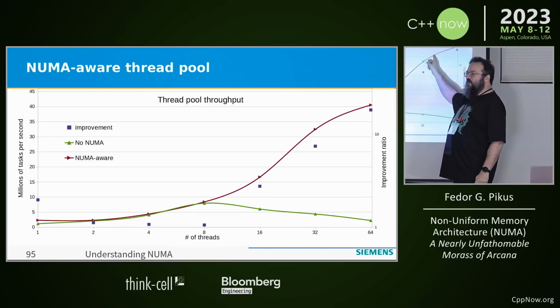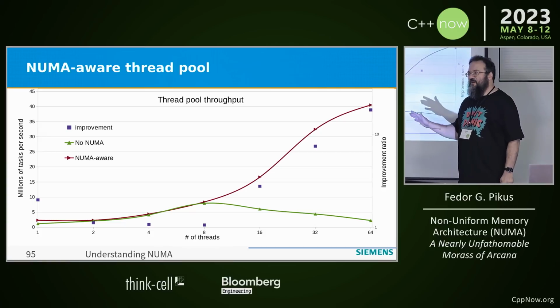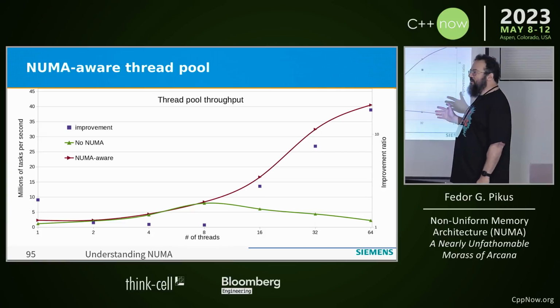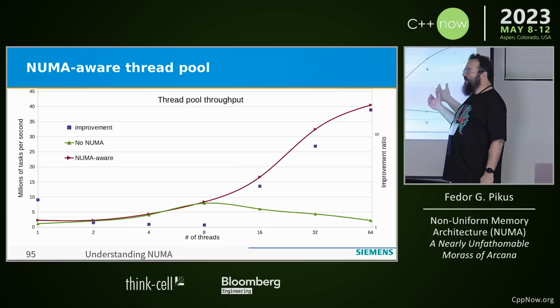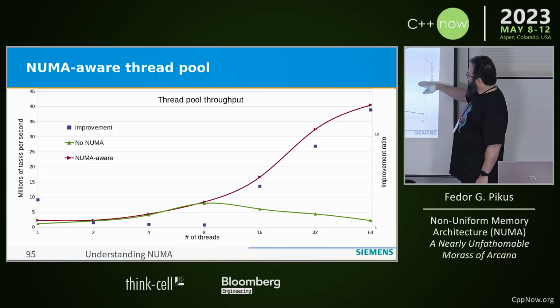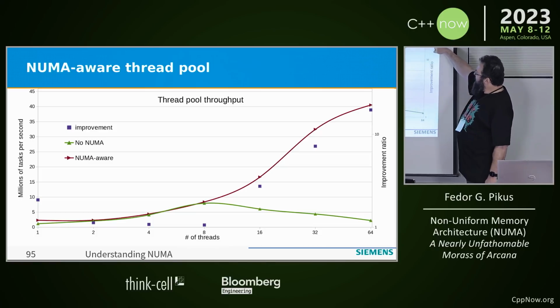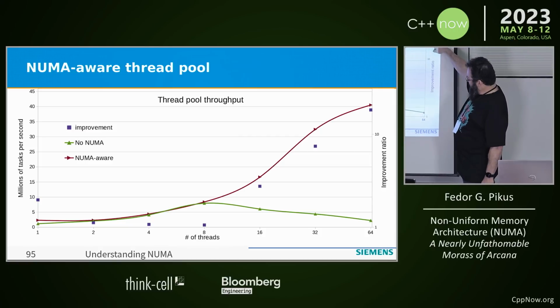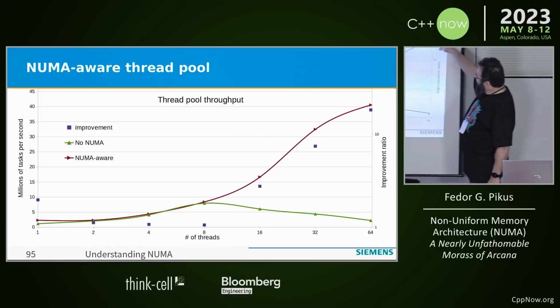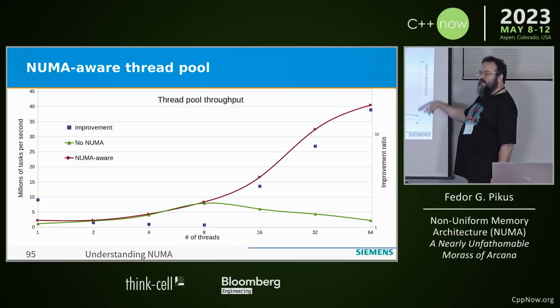Each one has its own count and its own memory, and the main thread watches all the counts and exits when it's done. The scale on the right is the improvement ratio, the ratio of this to this. So at 64 threads, it's about 20. Log scale, on the right.